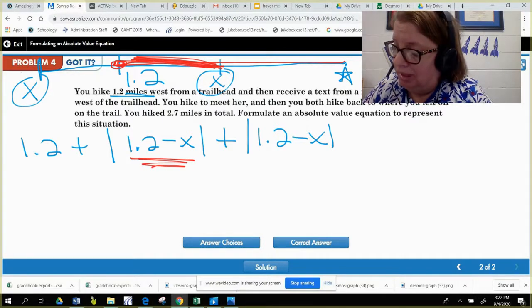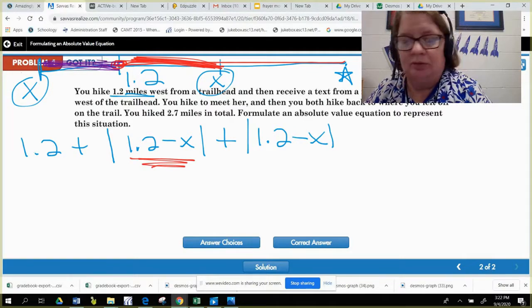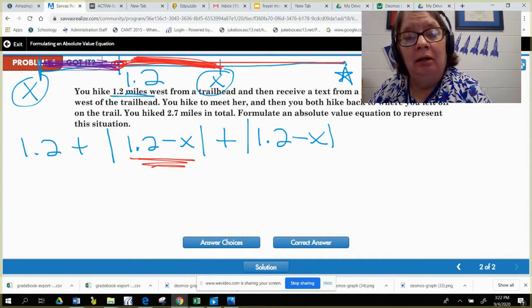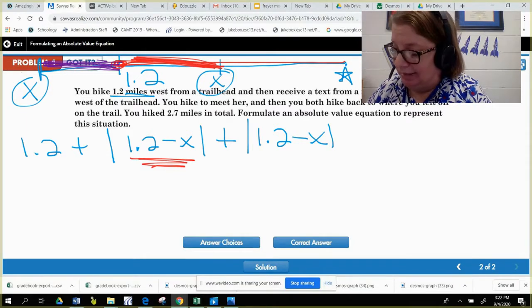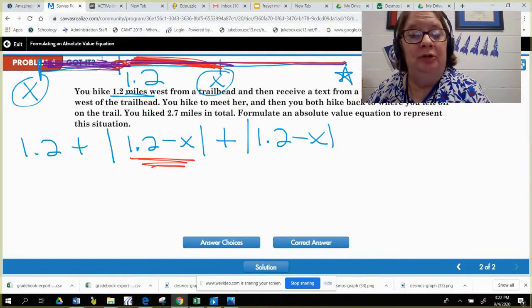Or even if she's the other way, this is still a difference between 1.2 and x. And then you go back. So you hike that distance again. So you've gone here, then you go here and back, or you go here and back. And that total distance that you've hiked so far has been 2.7.